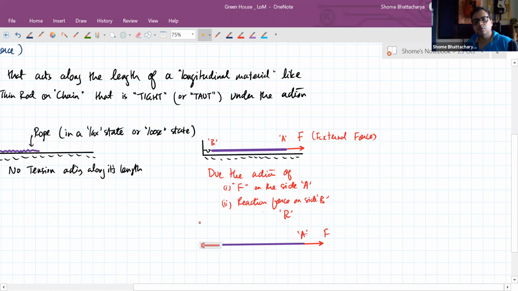So these are equal and opposite forces which don't allow the rope to move. So the acceleration of the rope is 0 because R equals F.